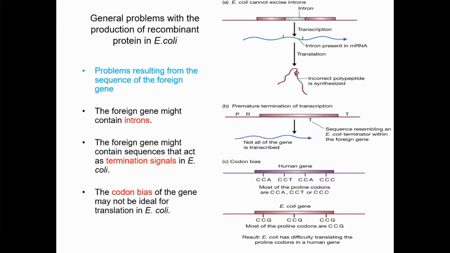The general problem with the production of recombinant protein in E. coli: basically there are three problems. Number one, the foreign gene might have an intron. If this is a eukaryotic gene, it might have an intron, because in the bacteria system there's no intron.